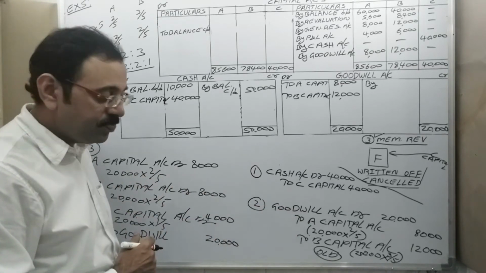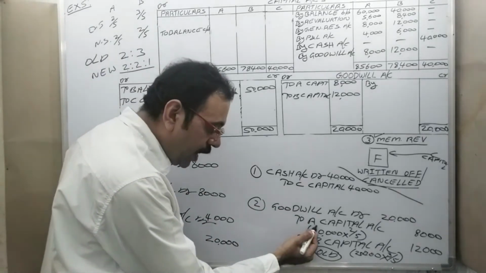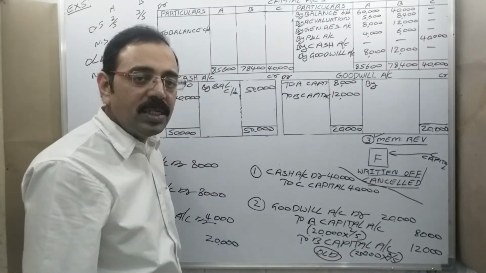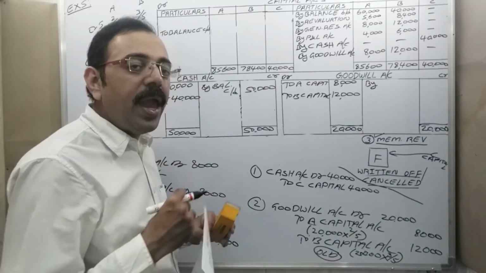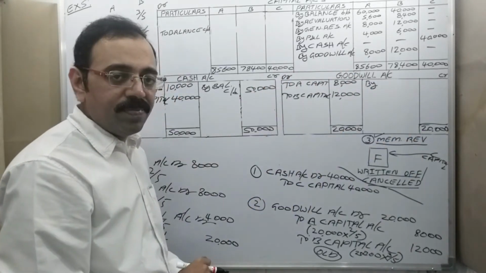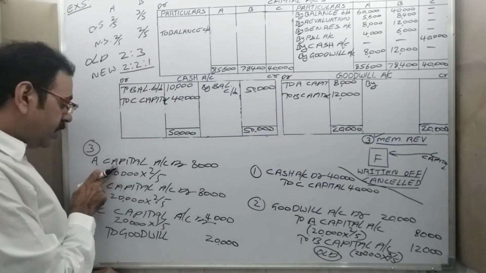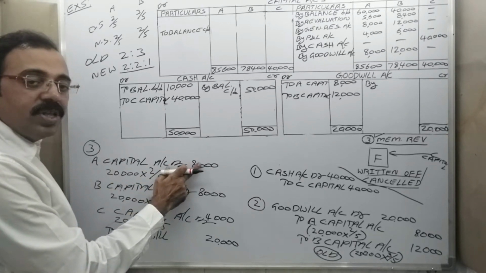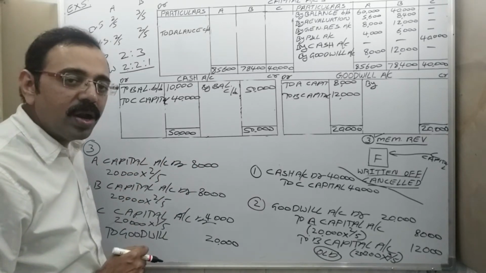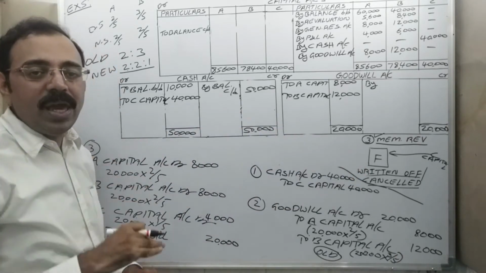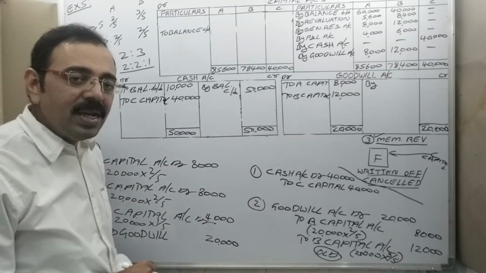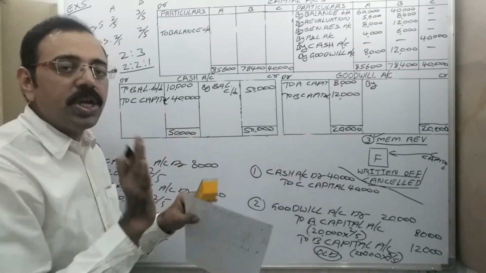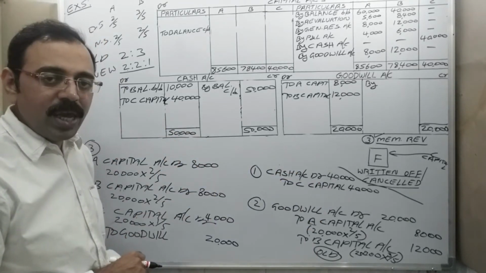Once you observe, once we credited A's capital with 8,000, means firm has given 8,000 rupees to A. And in this third entry, again we are debiting A's capital with 8,000. Means what? Again we took 8,000 from A. What is the final result? Firm has not given any goodwill share to A. Okay?